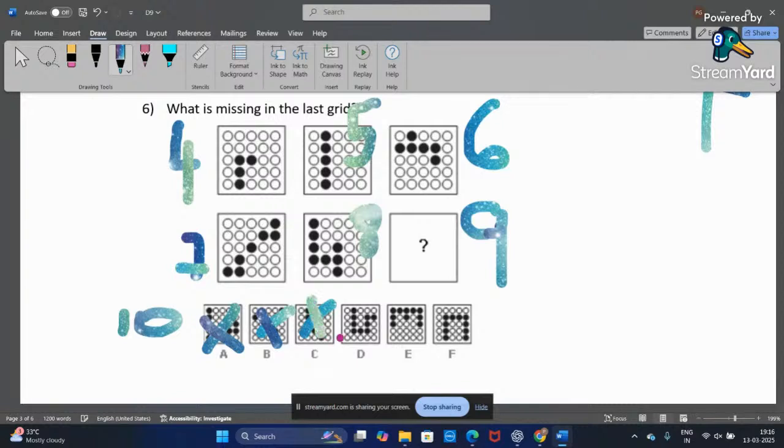This is not the option, right? And in this there are 9 filled dots. In this there are 10, this is not the option. In this also there are 10, this is not the answer. So the answer is D here, because 9 dots are filled with dark black color. So the answer is D.